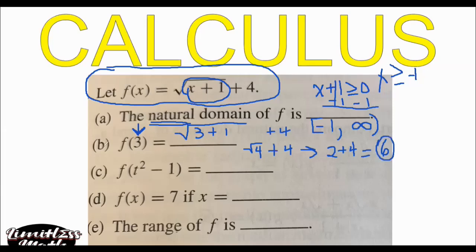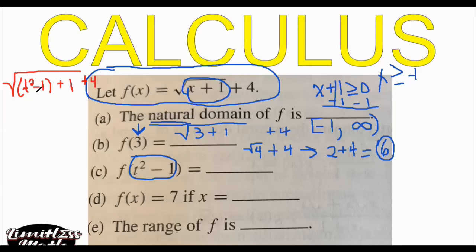Part C asks us to substitute this entire expression in for x. So now we have t squared minus 1 going into that x place. Let's do the work over in the margin. The square root of t squared minus 1 plus 1, and then all of that is added to 4.